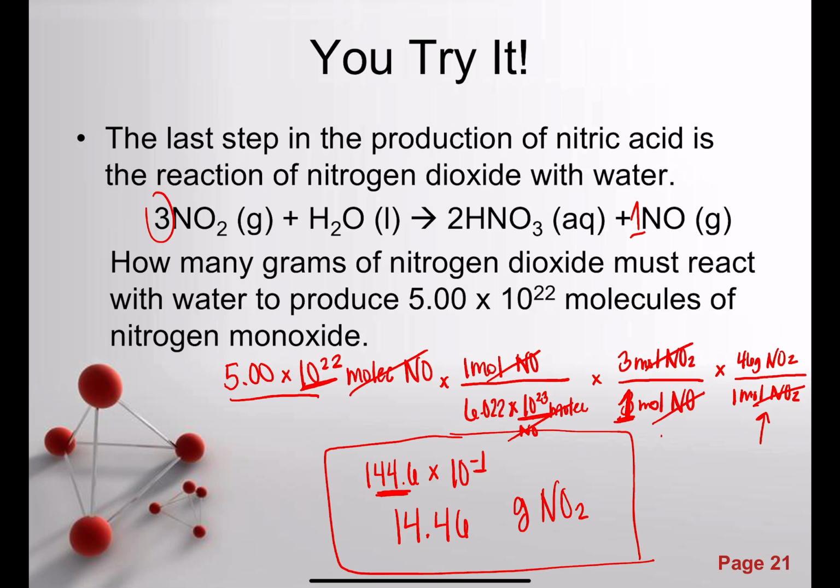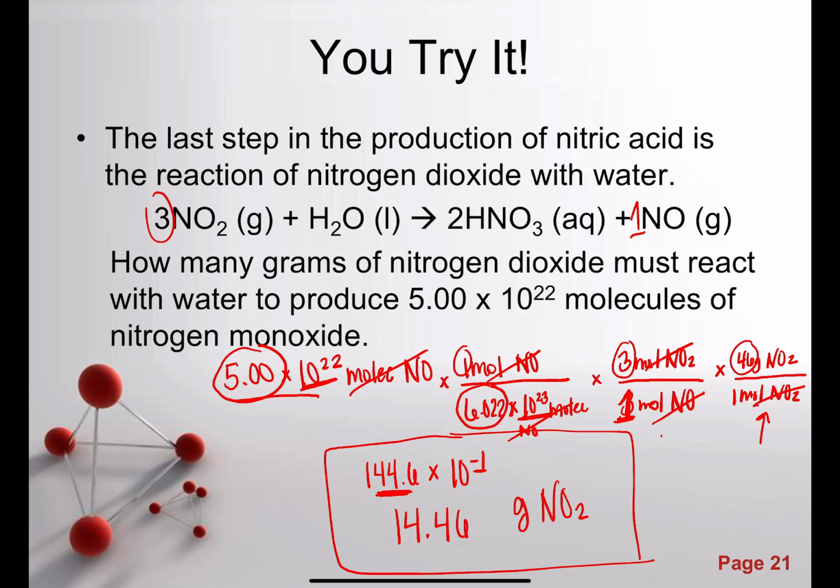Now in this one, what I did when I multiplied it in my calculator, I multiplied 5 times 1 times 3 times 46. And then I divided that by 6.022. And what I got was 144.6. And then I remembered that I still have this scientific notation part. So what I have is 10 to the 22nd divided by 10 to the 23rd.